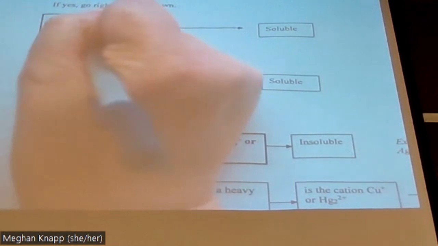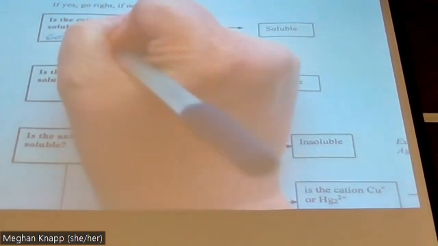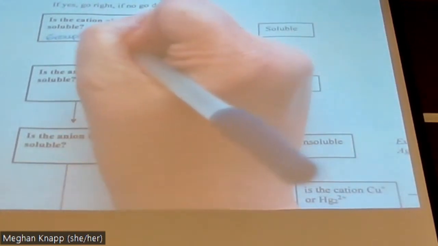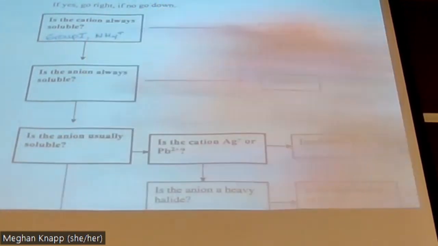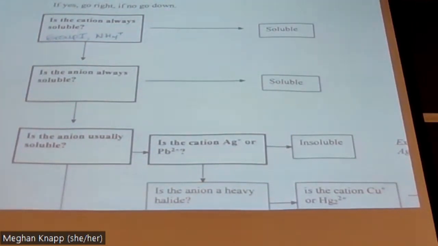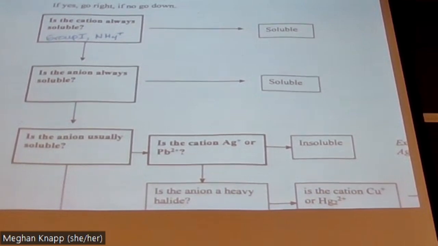Group 1 and ammonium, I could write out the name or I could write out the ion that I'm apt to see. The reason these are always soluble is that they only have a +1 charge. If it were greater than +1, there would be a stronger attraction between the ions and it would be harder to separate them. So all of our always soluble things are going to be things that are always +1 or -1, because that's going to be easier to separate.